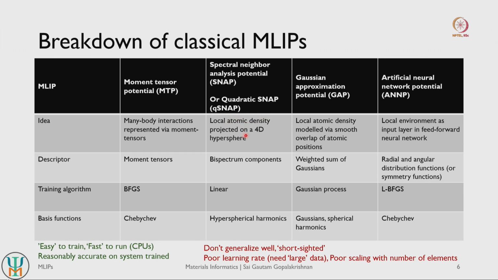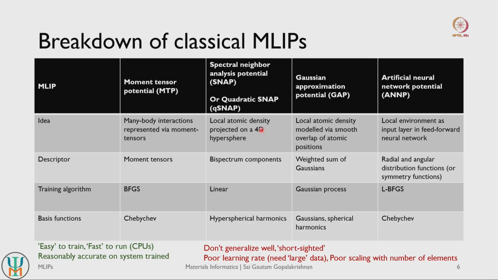Once it is calculated, it is then projected on 4D hyperspheres, where 4D stands for 4 dimensional. Generally we deal with 3 dimensional spheres or systems, but when you project your local 3 dimensional variable onto a 4 dimensional hypersphere, that gives rise to a lot of computational advantages, using Fourier transforms and so on.